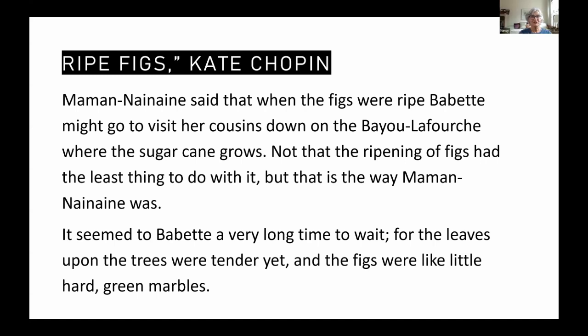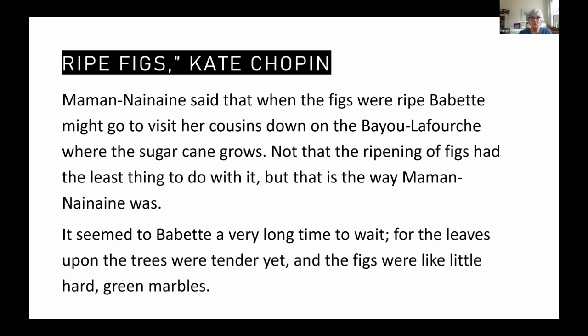Okay, sorry. Great. So, this is another little story called Ripe Figs by Kate Chopin, written in the late 19th century. We can understand where she's writing from when we see the names of the characters and where it is. So I'll just read that.